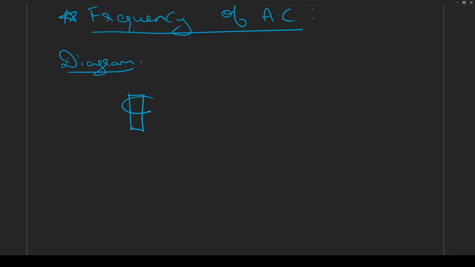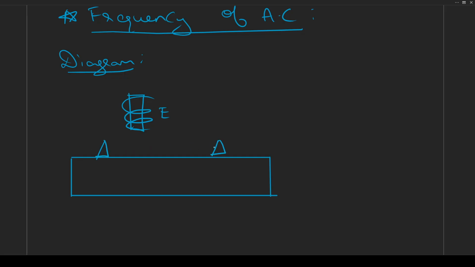First, we draw an electromagnet represented by E. Then we draw a sonometer, some wedges, a string, a pulley, and some weights.